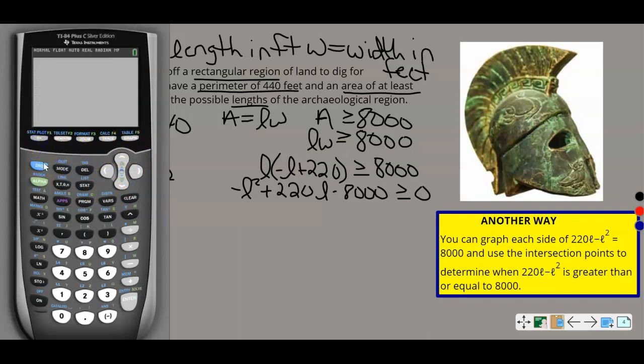Did I set that as a negative again? All right, let's see. Graph.